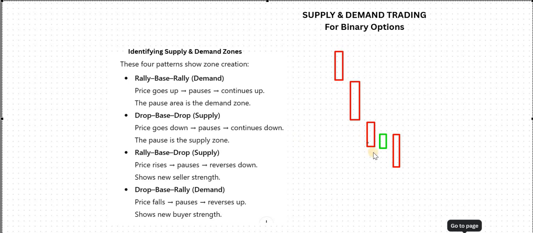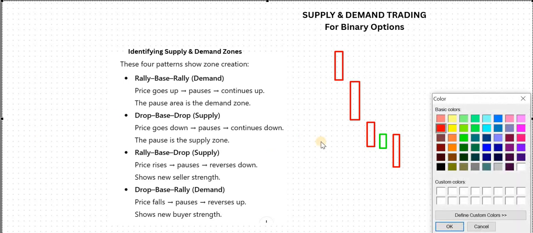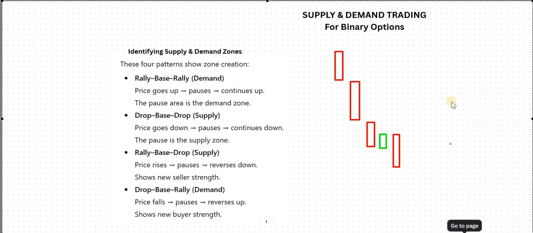Now, when you have the drop base drop like this, it is the same thing for an uptrend, whereby you have a candlestick going up like this. You have another one, an uptrend. Mind you, there will be wicks.